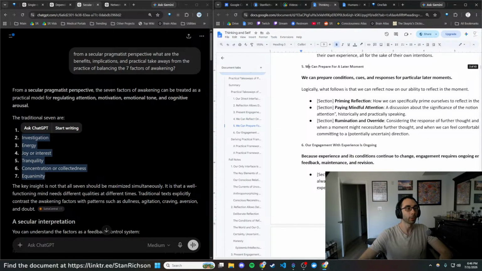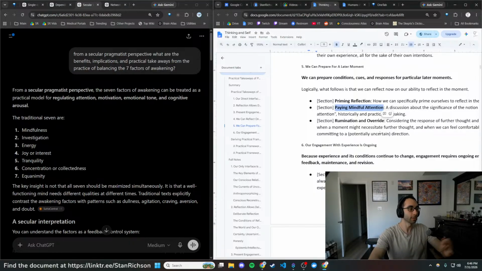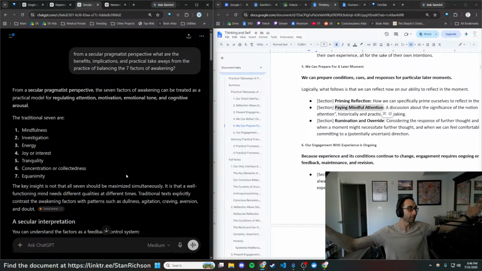Now here we can prepare for a later moment. This is another one where mindfulness actually has priority here. It's like in a later moment. So this is actually what we're doing right now. This is number 5 here. This is what we're doing by reading this. We're in some sense preparing ourselves to understand that these things are out there, that we can be mindful, and that we have a tool set.